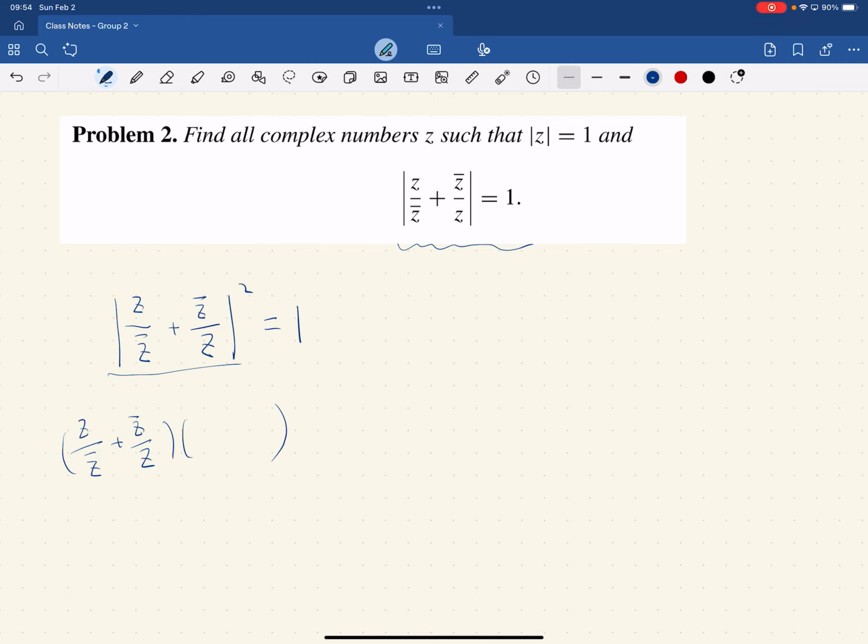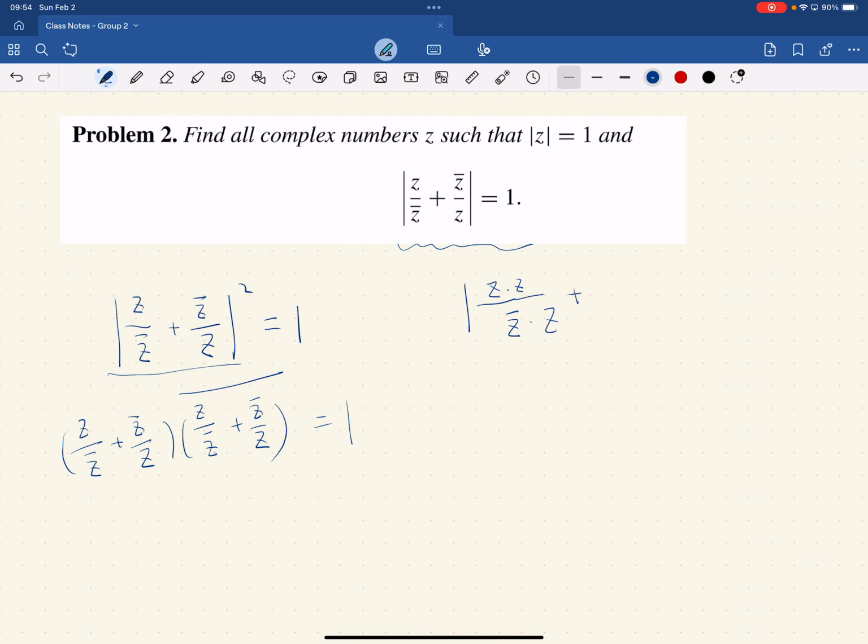That's usually what we do. Well, the other one is the conjugate of it. Either do that, because at least you can start to do it. This is one way to do it, or you can find the common denominator as z bar times z.